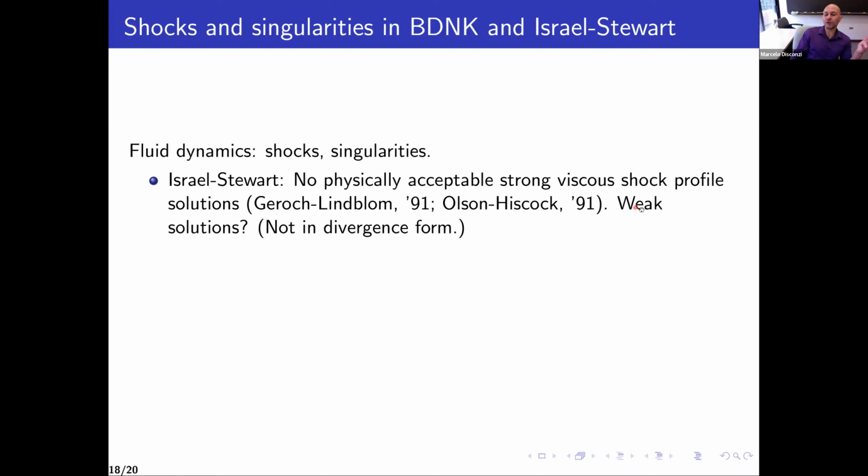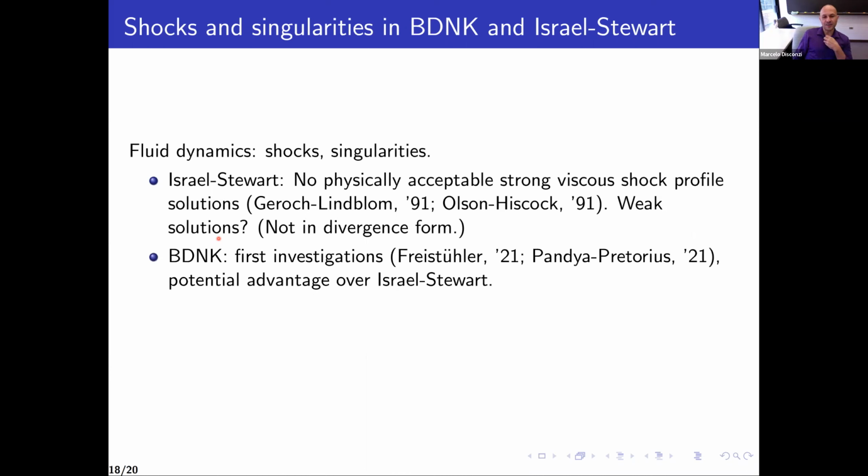And you cannot really talk, I mean, maybe you can, but not with the standard techniques, about weak solutions for Israel-Stewart because they're not in divergence form. So you'd have to come up with a different formulation of what you mean by weak solution if you want. For BDNK, the first investigations of viscous shocks have been done recently by Freistühler and also numerically by Pandya and Pretorius. This is all very recent, but the message seems to be that for the investigation of shocks, BDNK has advantages over Israel-Stewart.